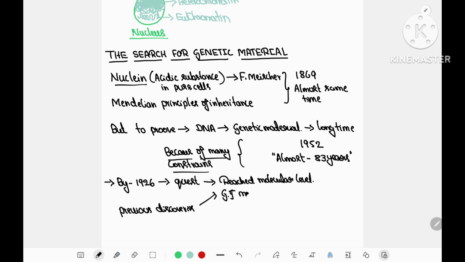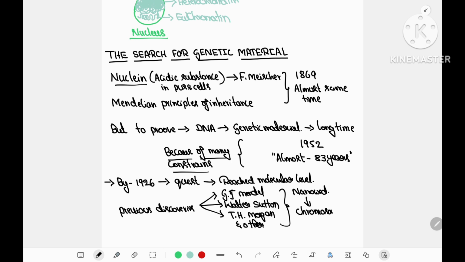The previous discoveries by Gregor Johann Mendel, the Walter Sutton and Boveri experiments, and other scientists like Thomas Hunt Morgan narrowed down that there is material found in the chromosomes of a cell, located inside the nucleus of most living organisms.